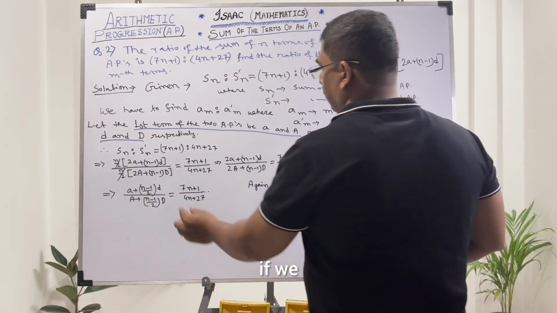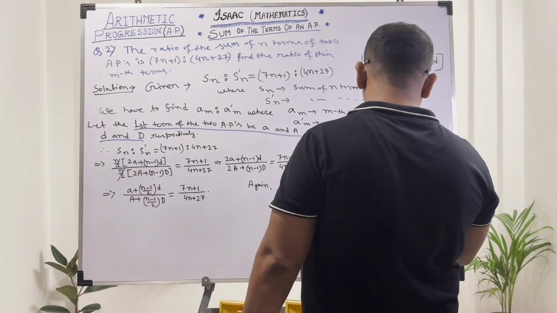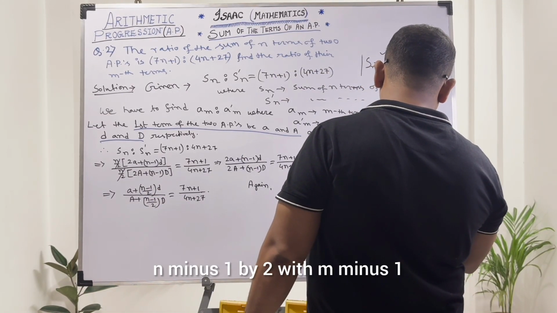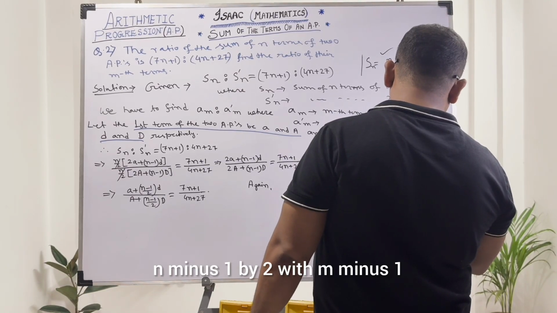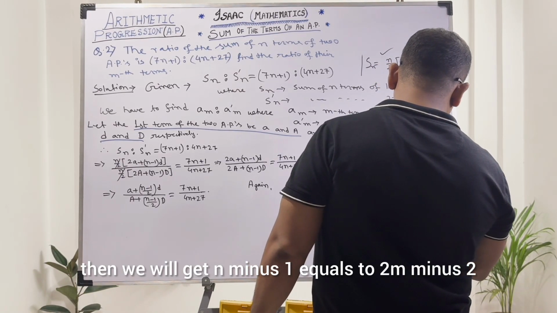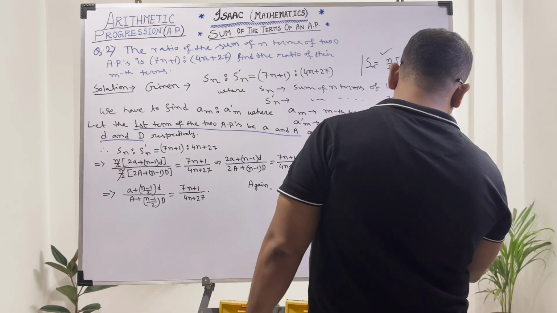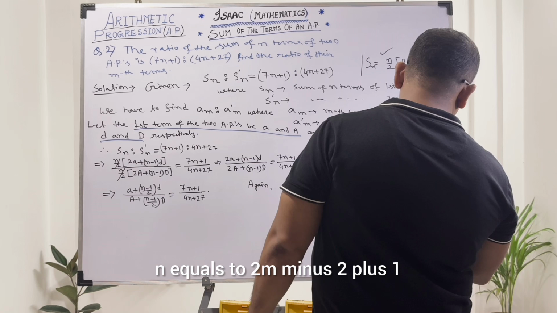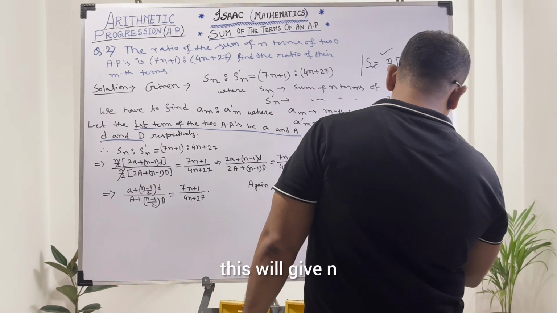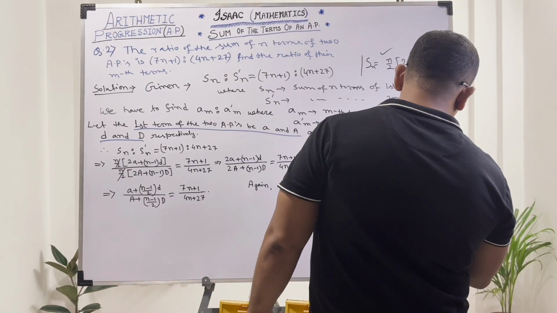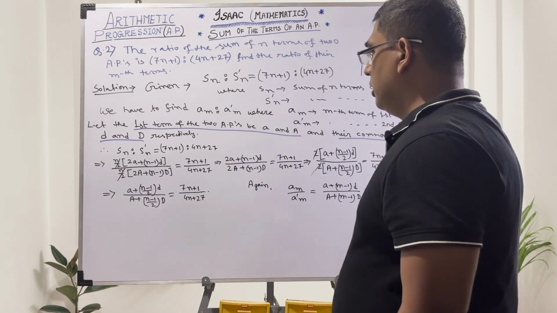Now, if we equal n minus 1 by 2 with m minus 1, then we will get n minus 1 equals to 2m minus 2. This will give n equals to 2m minus 2 plus 1. This will give n equals to 2m minus 1. Okay.